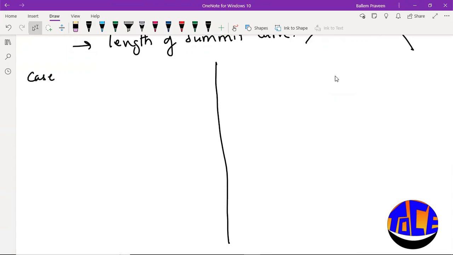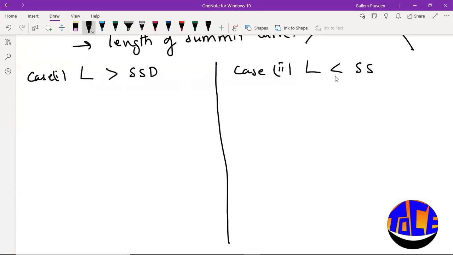Case one, that the length of the summit curve is greater than the provided sight distance. And case two, the length of the summit curve is less than the sight distance. So these are two possible cases.